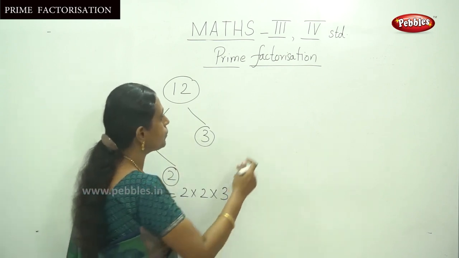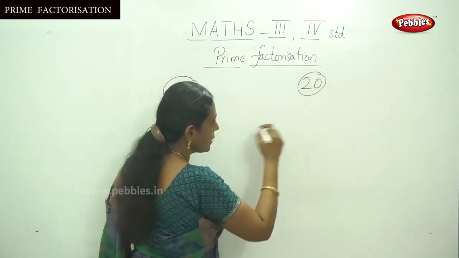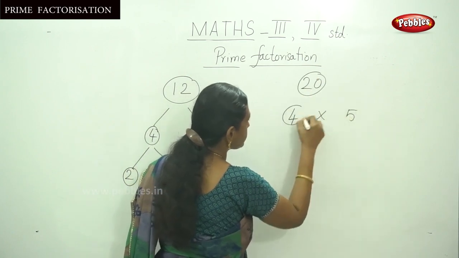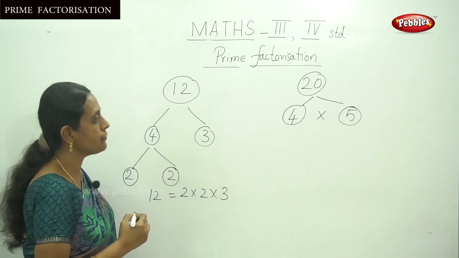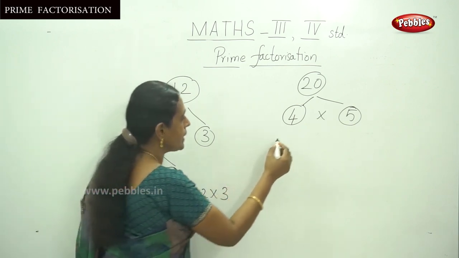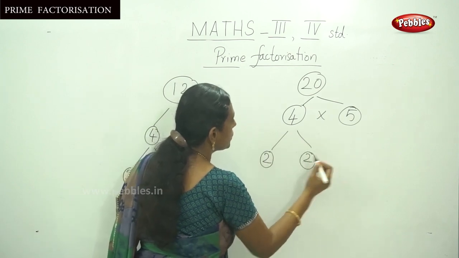One more example for prime factorization is 20. Here it is 4 into 5, which makes 20. Here 4 is again 2 into 2.